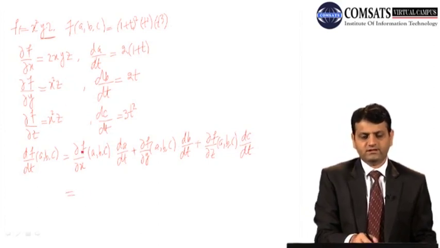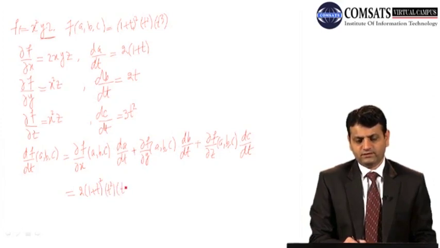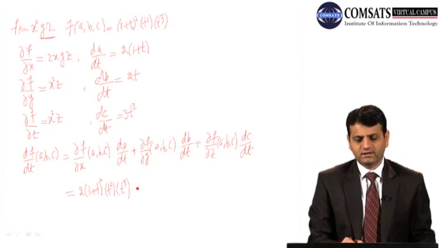We have calculated partial f by partial x, but what's its value at point ABC? It's basically 2 into 1 plus t square and t cube multiplied by dA by dt, which is going to be 2 into 1 plus t, plus what is partial f by partial y at point ABC?